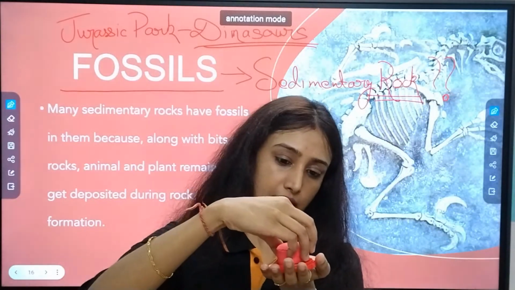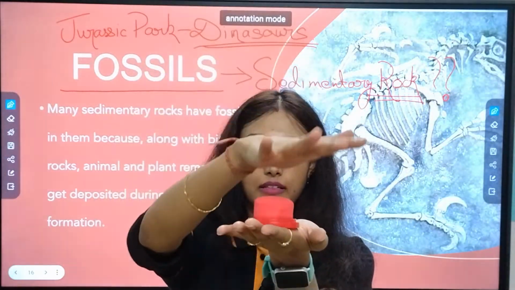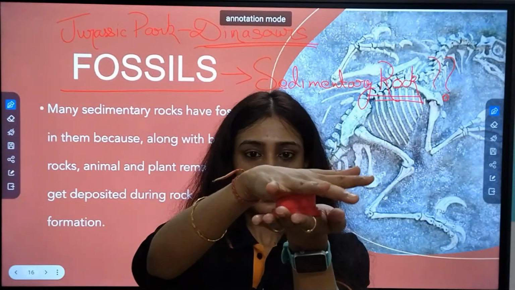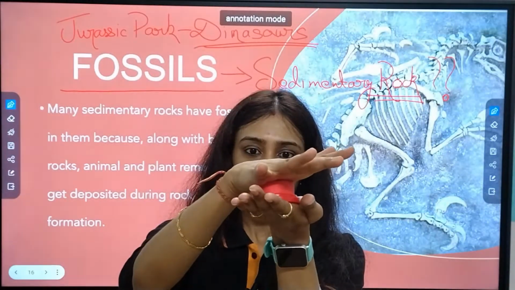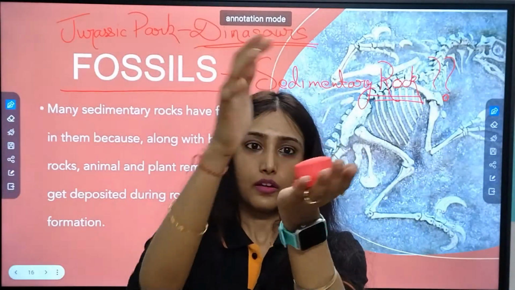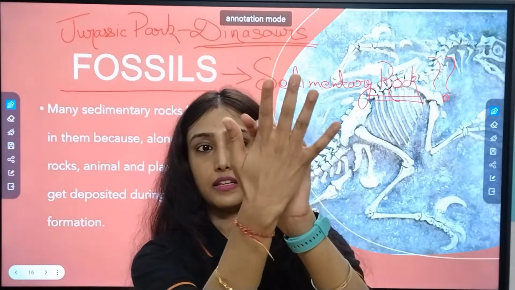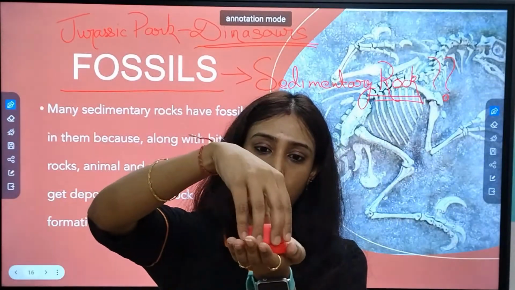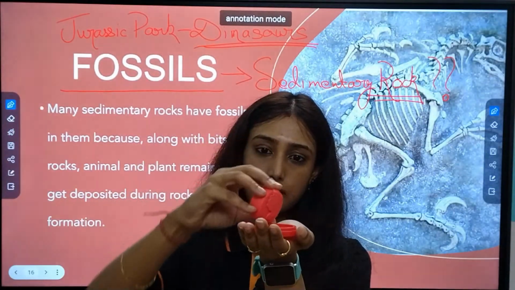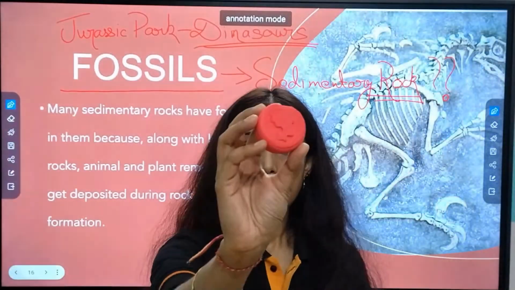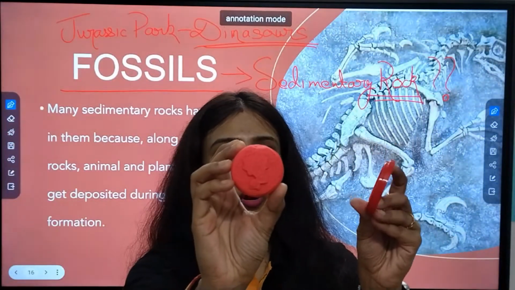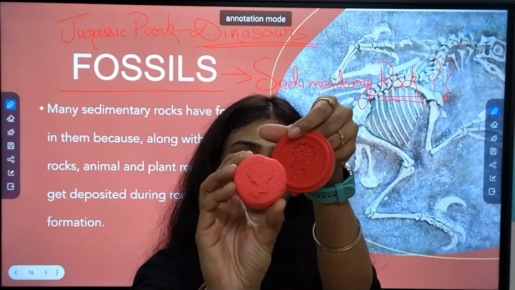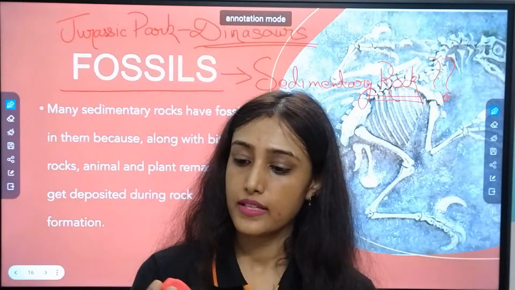I will take this modeling clay and put some pressure on it. Okay? I have put some pressure on it. Done? Now I will just remove this. Can you see? The modeling clay has taken the impression of this flower. I hope you can see.